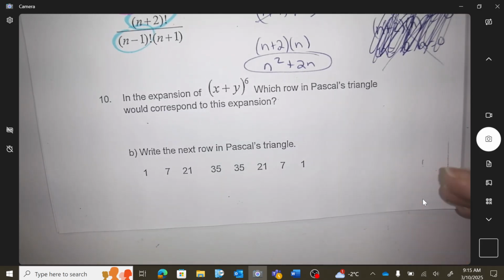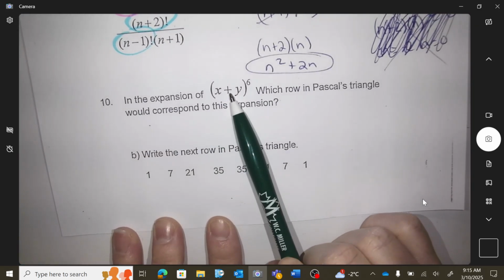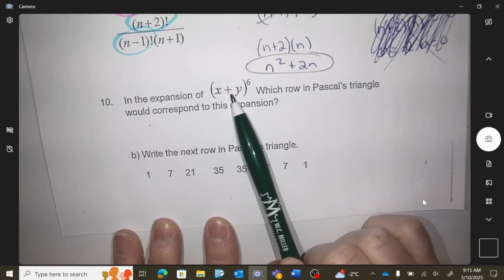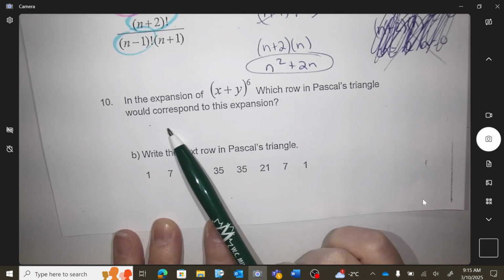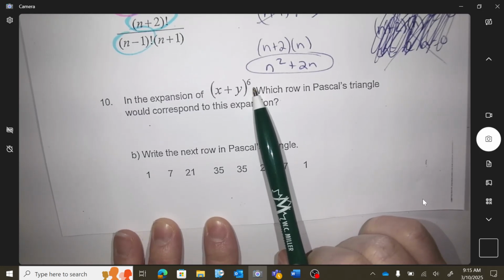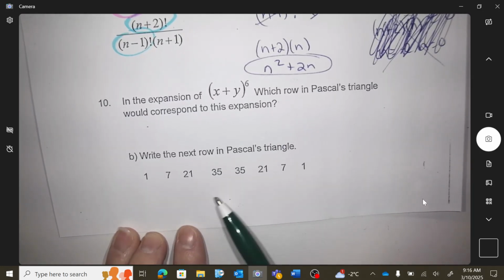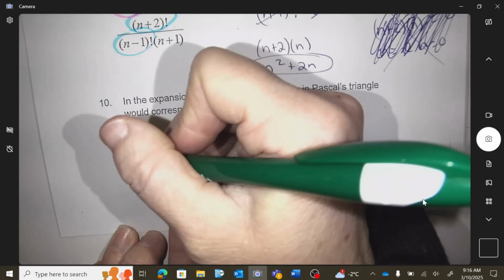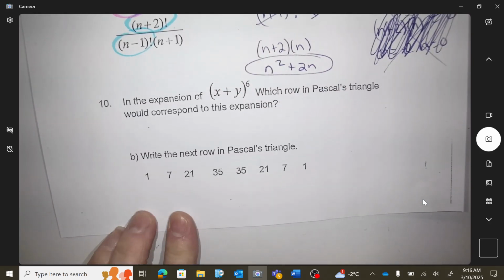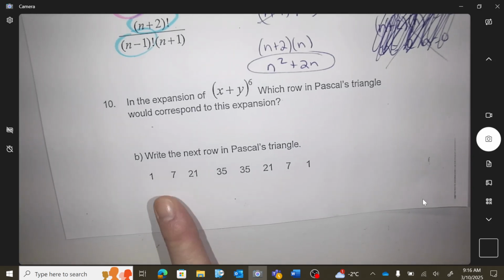Okay, so if you expand this, do you understand how many terms you would have? 7. So this would be your Pascal triangle, because what choose does this match up with then?